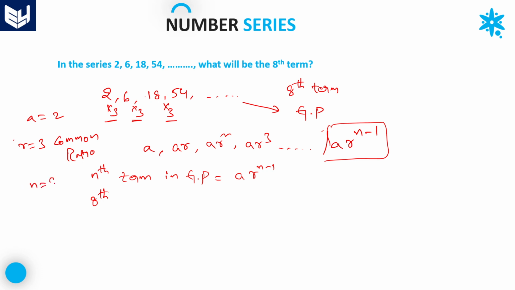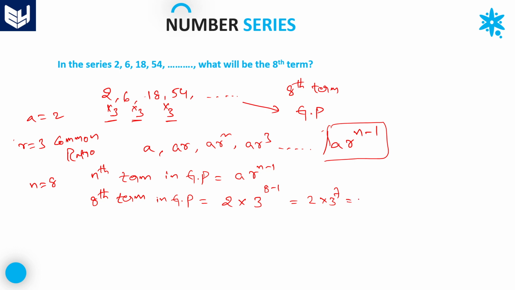Therefore, n is equal to 8. 8th term in GP is equal to the value of A, 2, into the value of R, 3, power 8 minus 1, that is equal to 2 into 3 power 7.